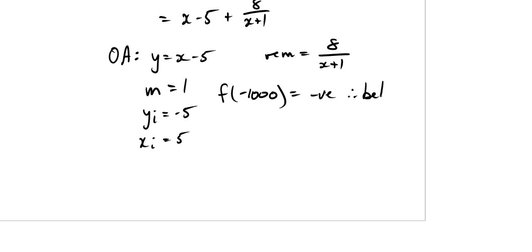So we are below. We're approaching it from below. And when I put in positive 1,000, it's 8 over 1,000 plus 1. So the top is positive, the bottom is positive, so the whole thing is positive. See how you can do that in your head? Therefore, here it's approaching from above.